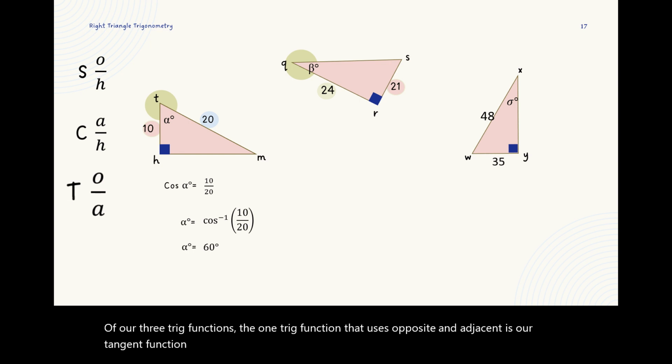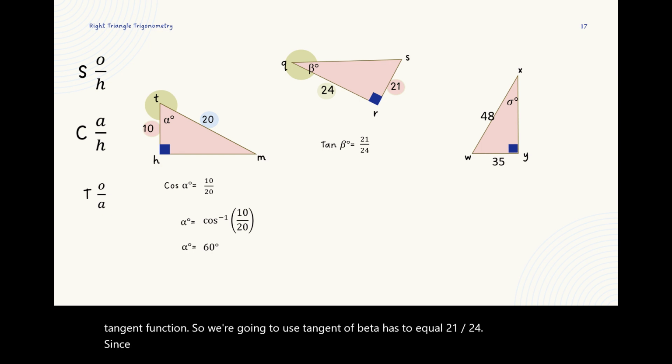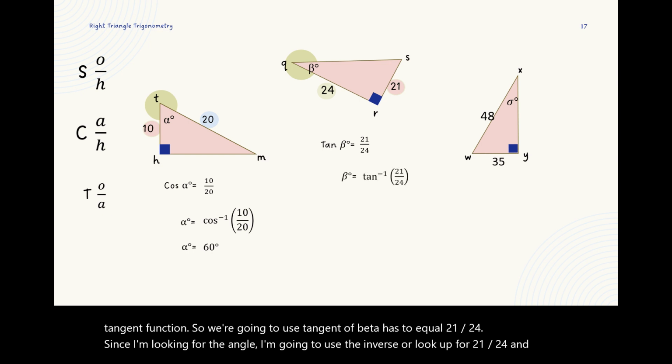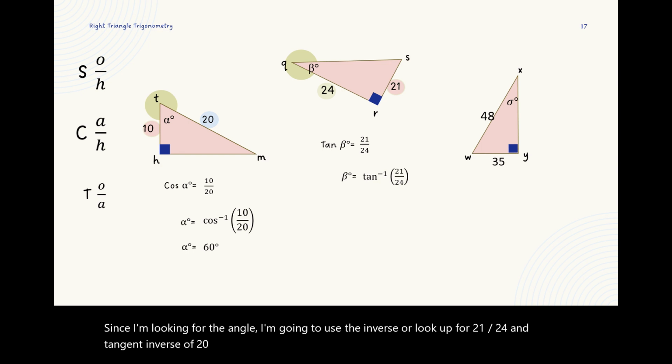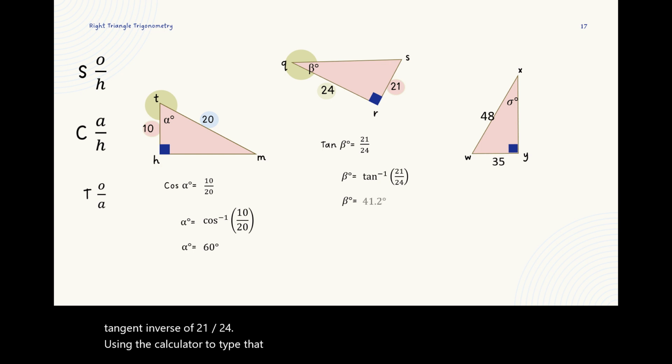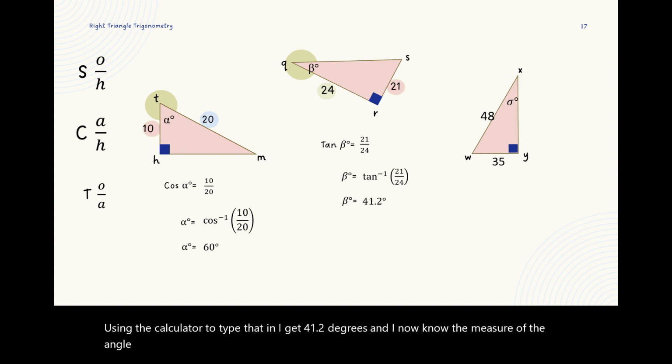So we're going to use tangent of beta equals 21 over 24. Since I'm looking for the angle, I'm going to use the inverse, tangent inverse of 21 over 24. Using the calculator to type that in, I get 41.2 degrees. And I now know the measure of the angle beta.